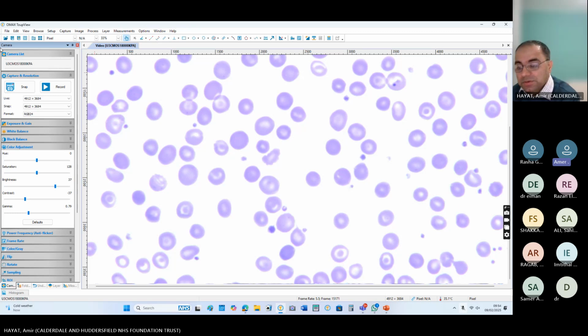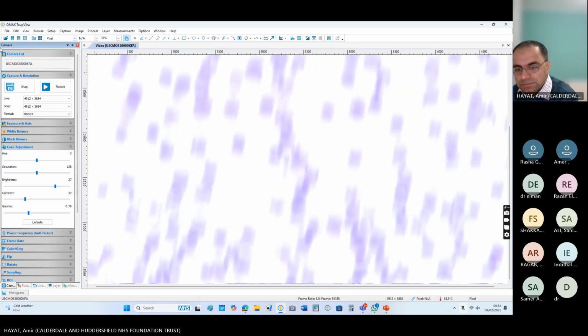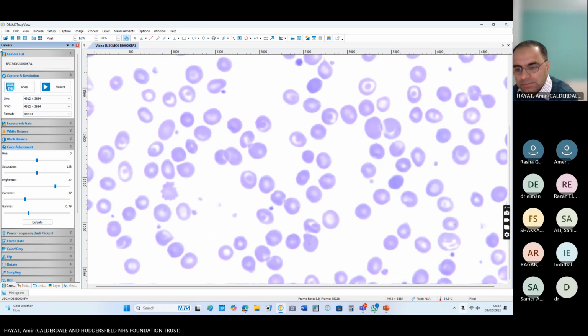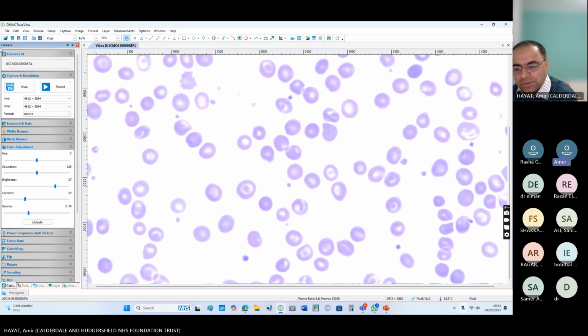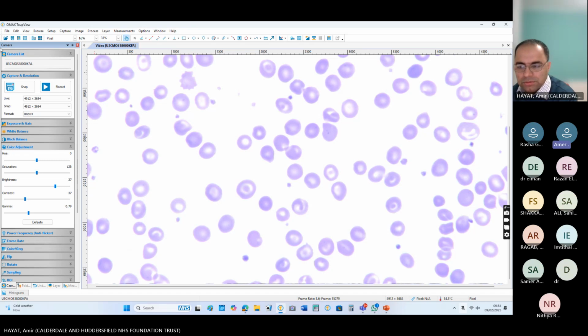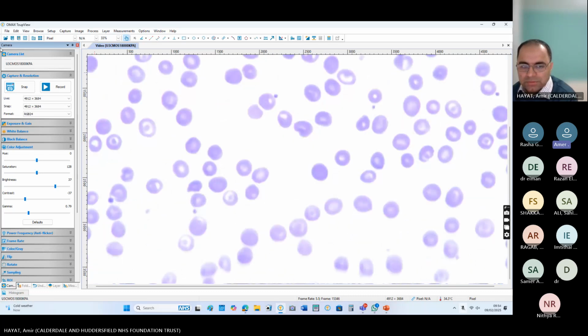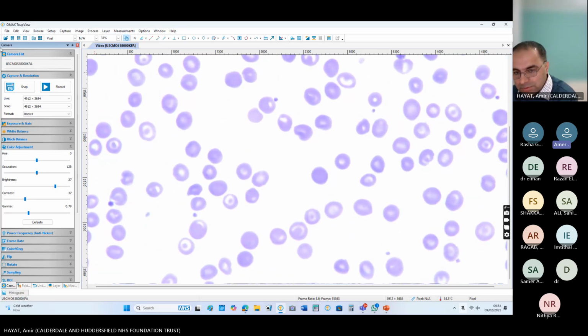Is there any other feature of splenectomy? Reactive thrombocytosis is a feature of splenectomy. When you go through the ET guideline and open the table in the BSH guidelines for essential thrombocythemia, they tell you one of the reactive causes of thrombocytosis is splenectomy.